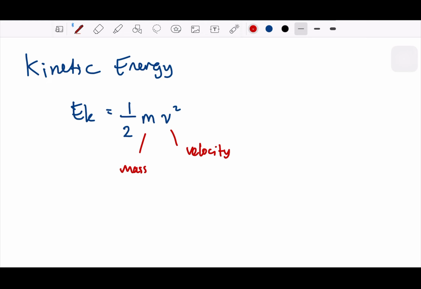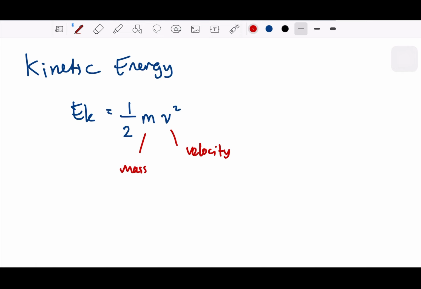So it means that the kinetic energy depends on mass and velocity. But if you want to make it clear, it's supposed to be relative to the surface of the Earth. But nonetheless, the mass and velocity should be easy to understand. Okay.